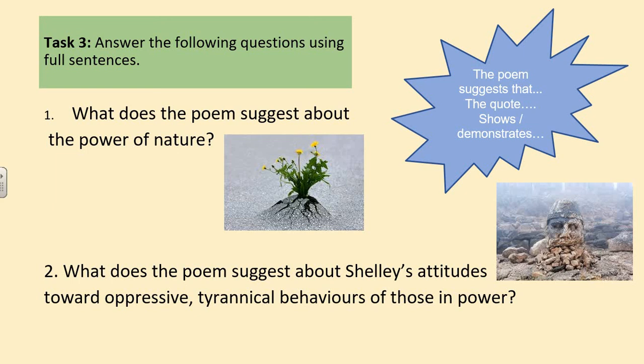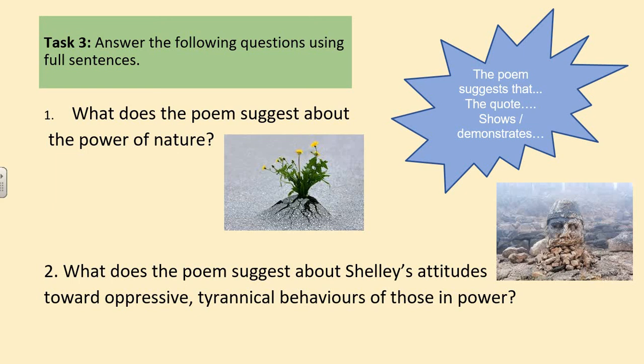So what does this poem suggest about his attitudes? Also think about how we just said that although this is a sonnet, which is a love poem about this ruler, does the language in the poem suggest that Shelley has love for the ruler, or is he mocking this ruler through the use of a sonnet, through the use of a love poem to say, look, this guy loved himself?